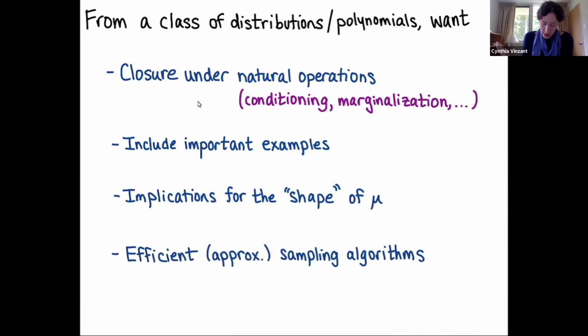And then another thing we might want is, if we know that we have a distribution in some class, to be able to efficiently sample from it, or maybe efficiently approximately sample from this distribution. So we might want some sort of algorithms associated to this class. And so what I want to talk about today is a special class of distributions and polynomials for which we have many of these things.